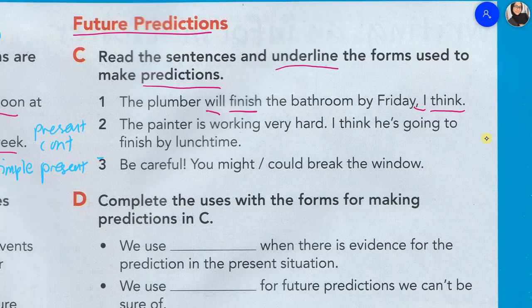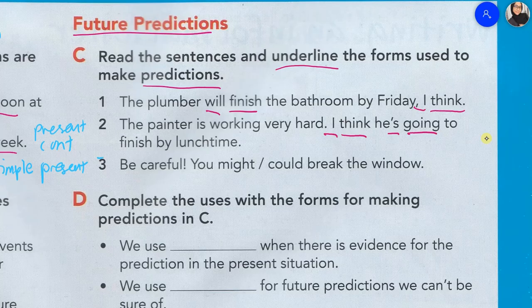The painter is working very hard. I think he's going to finish by lunch time. I think there, I think is a prediction. He's going to finish by lunch time. He's going, right? Akan, future. It's in the future, right?